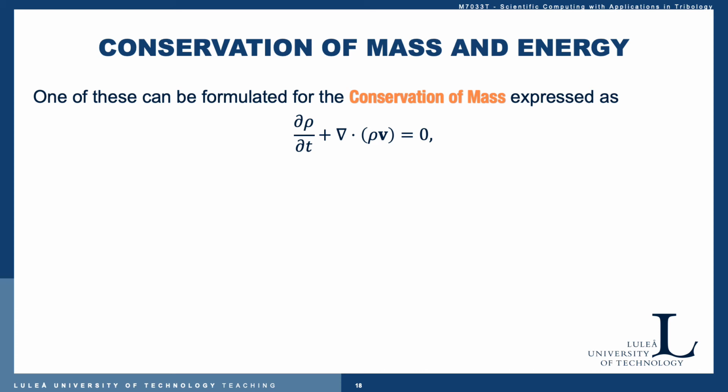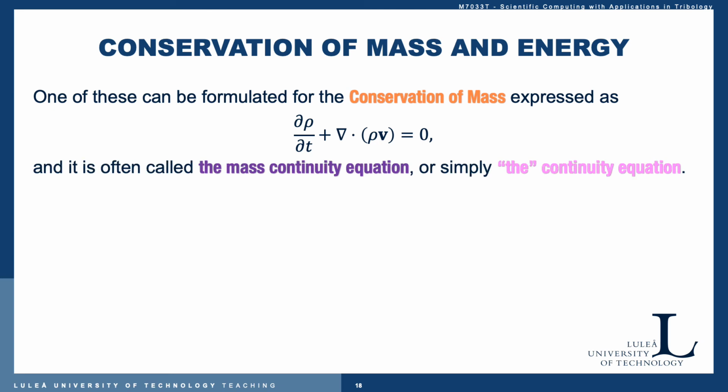So the partial derivative of the density with respect to time, that term, it can be interpreted as the accumulation or loss of mass in the system, while the divergence of the product between the density and the velocity represents the difference in flow in versus flow out. This equation is often referred to as the mass continuity equation, or simply the continuity equation.